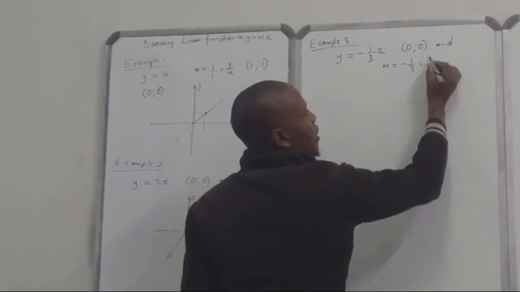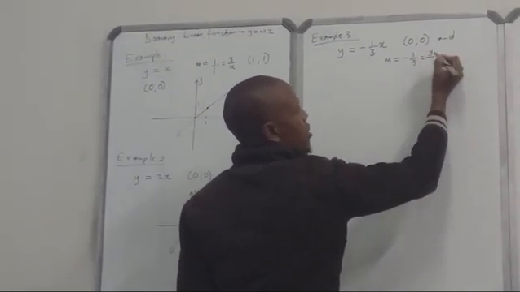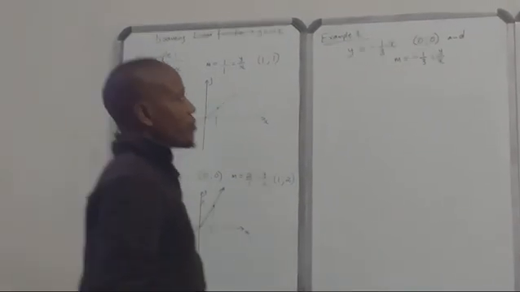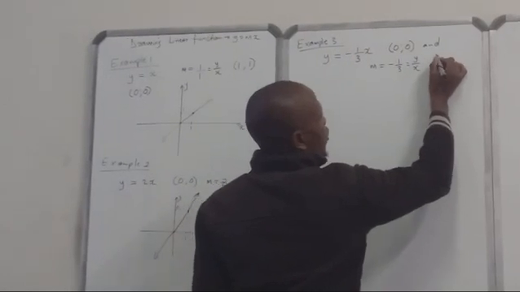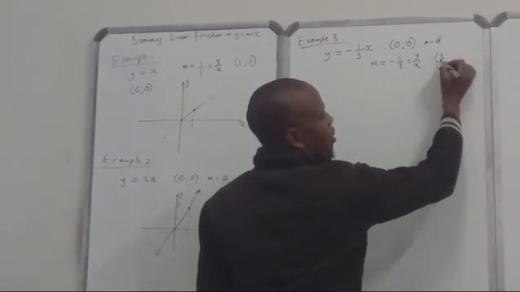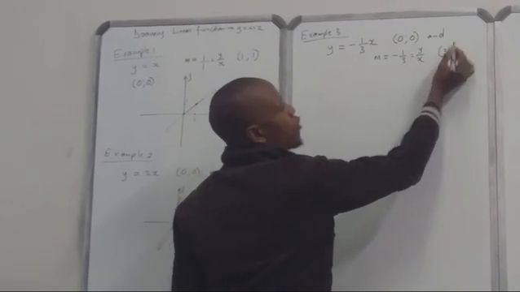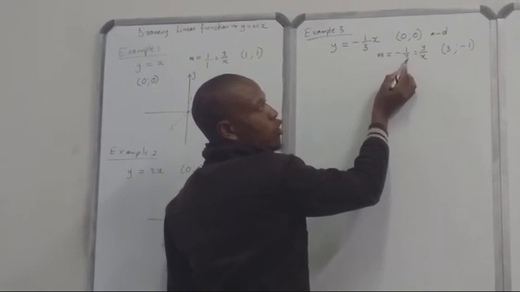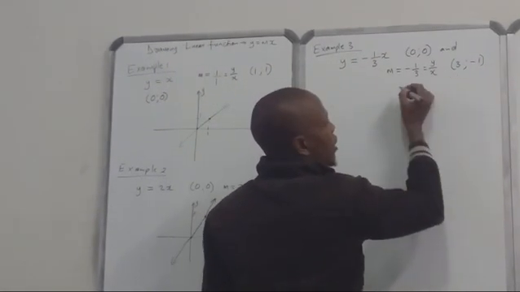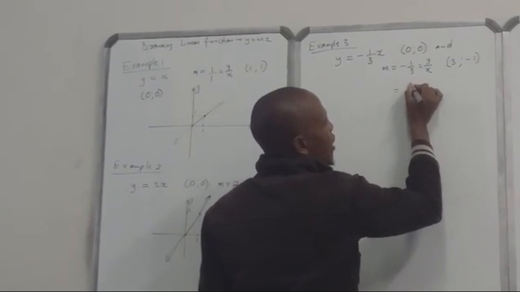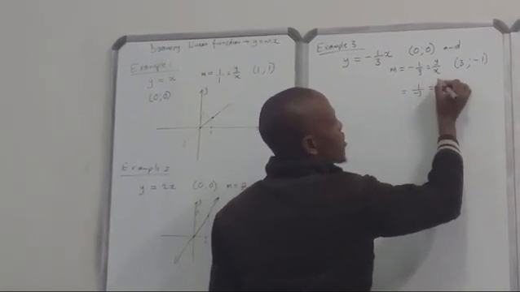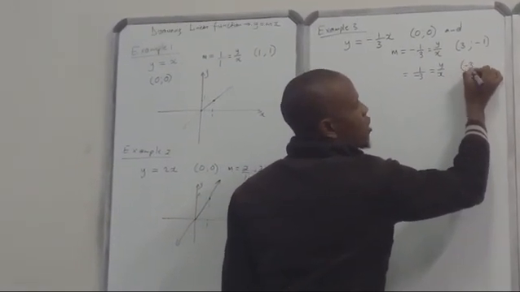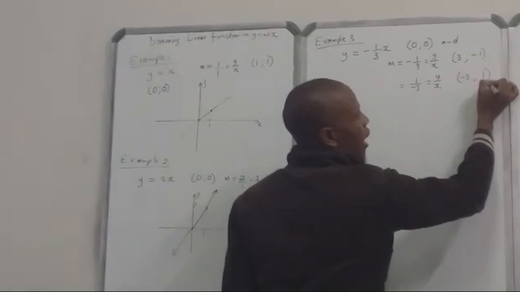And we said the top number, the numerator, is your y, your denominator is your x. And therefore, you write it as your point. So you could either have put 3 and negative 1, or you can assign that negative to the 3. It doesn't make a difference. So that you have negative 3 and 1.